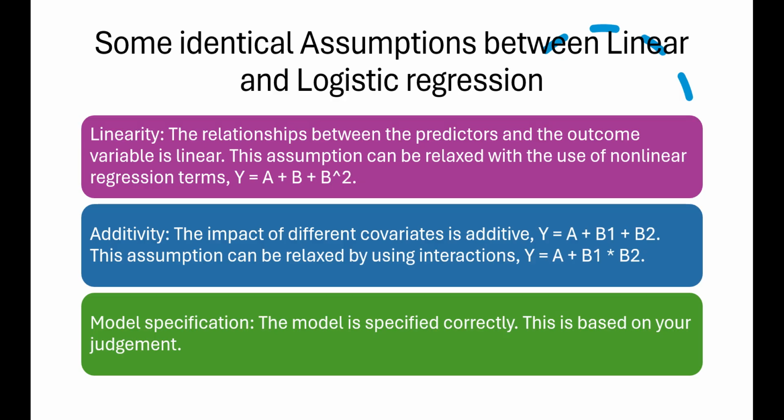For this assumption, we see that the relationship between the predictors and the outcome variable is linear. This assumption can be relaxed with the use of nonlinear regression terms such as y equals a, which is our intercept, plus b, our predictor, plus b squared. Using that squared term for that variable allows it to curve non-linearly.